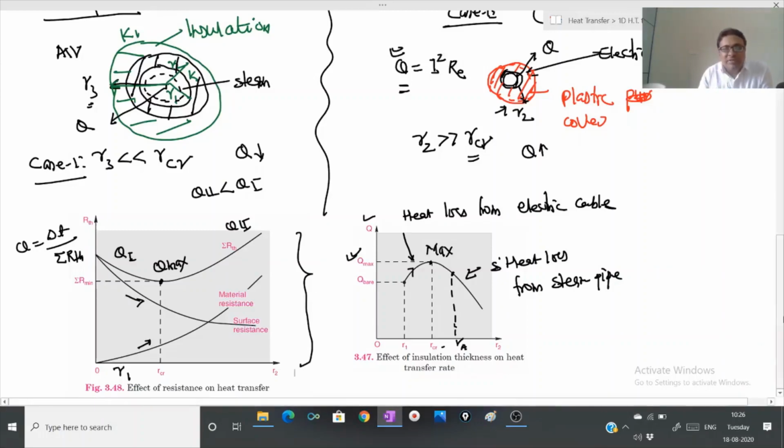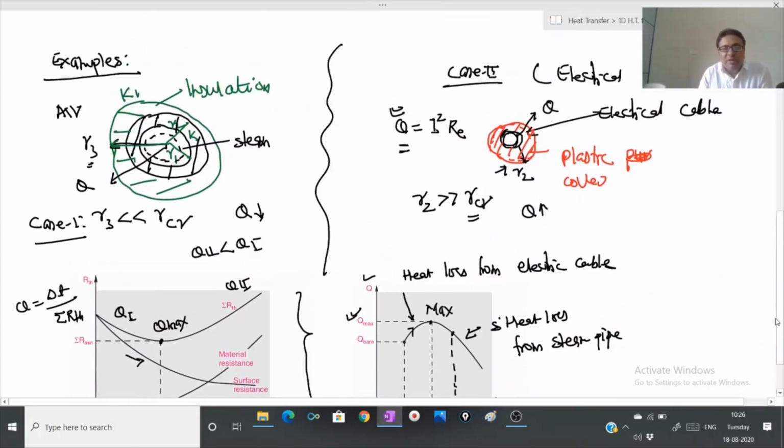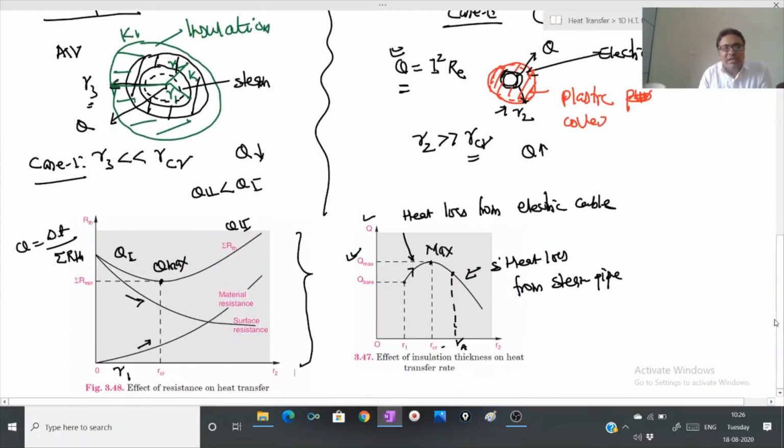So this is a very important concept, and in the same way we can discuss the concept for spherical wall as well.